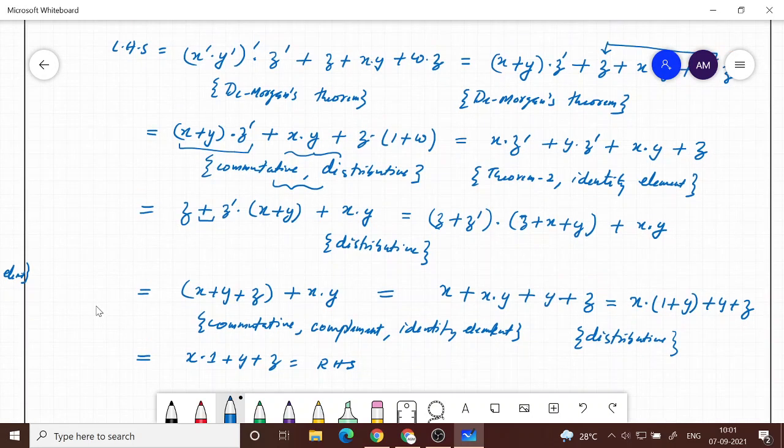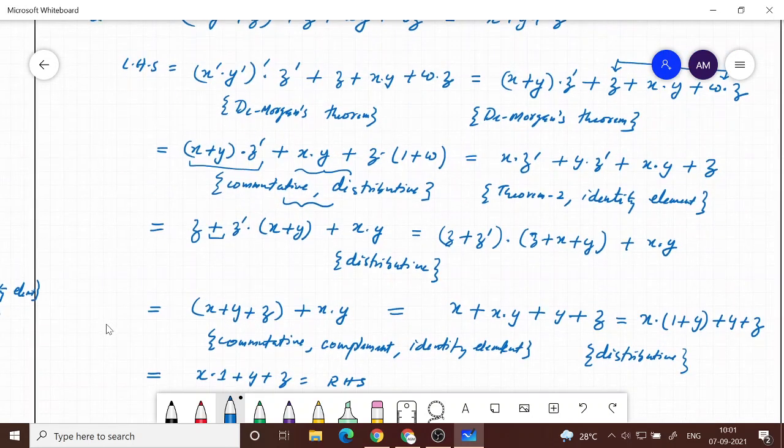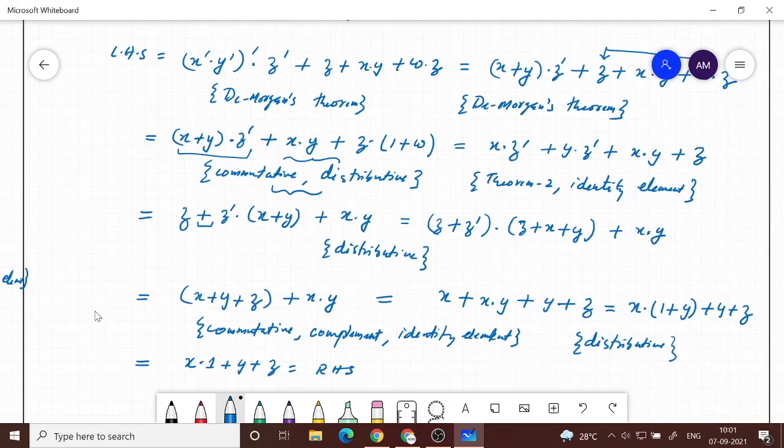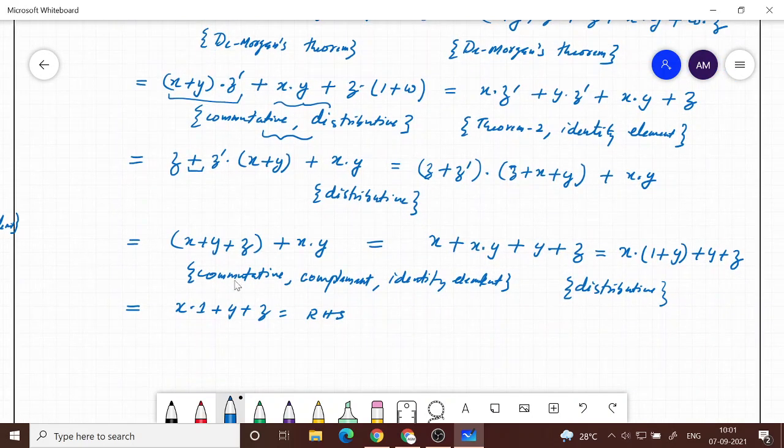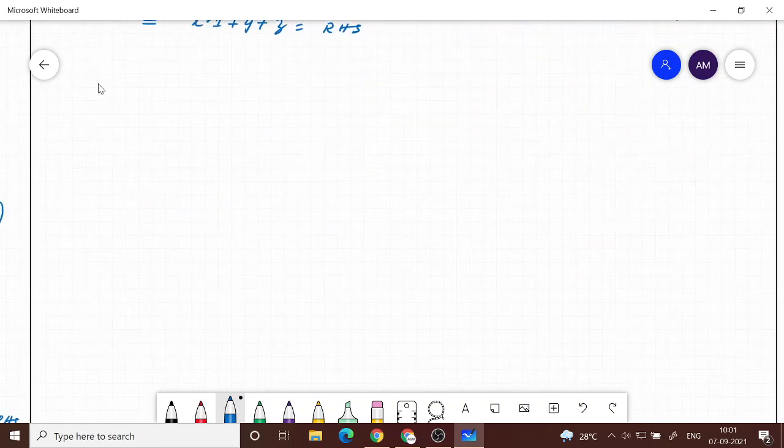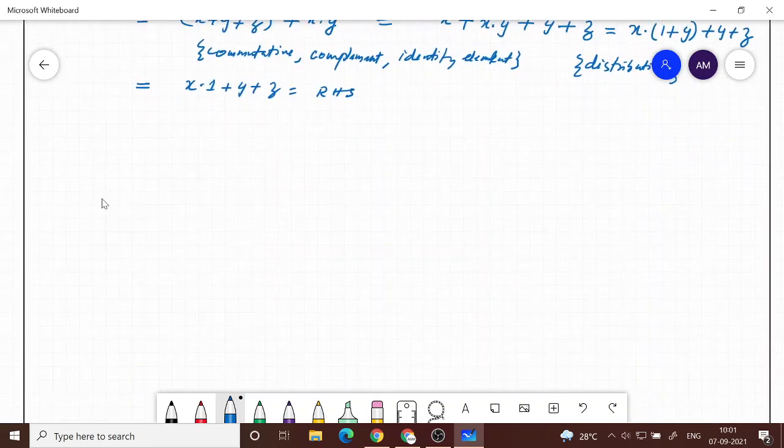Okay, so it was a little difficult compared to all other problems. We had to really find a way out to finally reach the RHS. So in general, simplification process, sometimes you may get it very directly, easily you will obtain, but sometimes you have to little bit struggle in order to reach the required result or the simplified result.